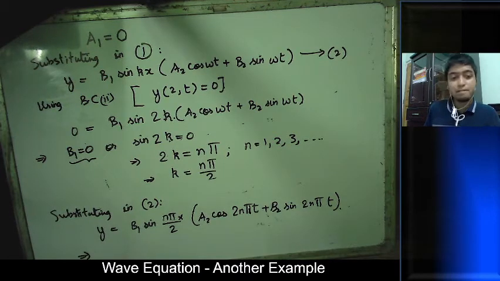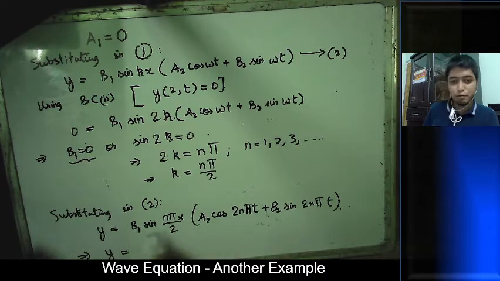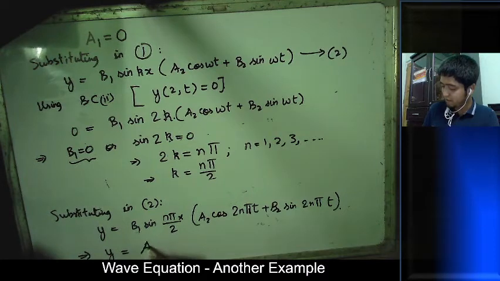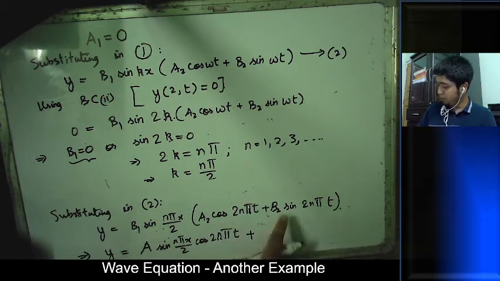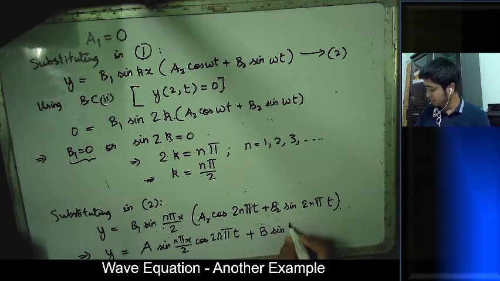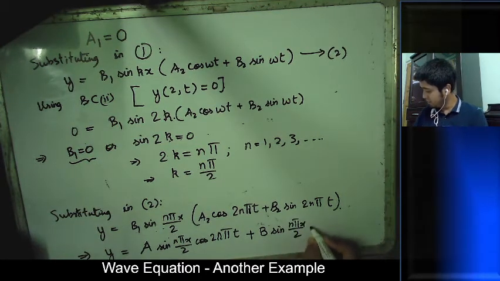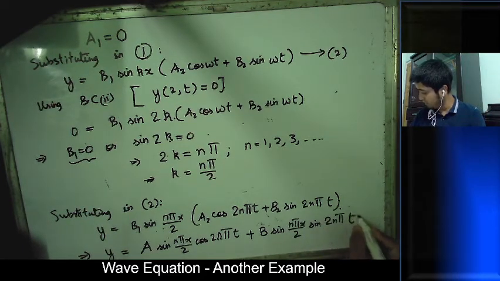Next, what we will do is multiply this one with this one. So b1 into a2, they are both constants, so we will write it with a single constant a, sin(nπx/2) cos 2nπt. b1 into b2 again will be another constant, which I will replace with b, sin(nπx/2) sin 2nπt.